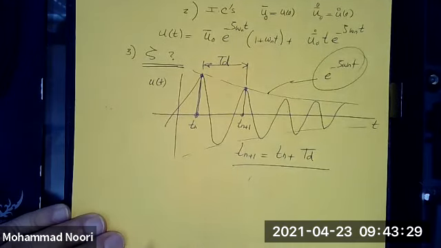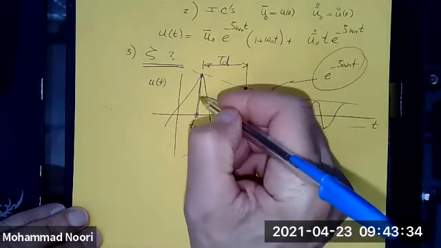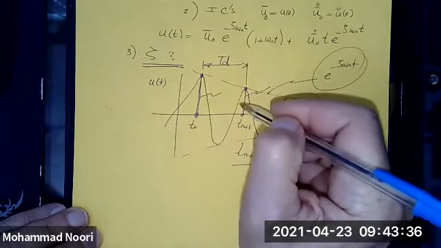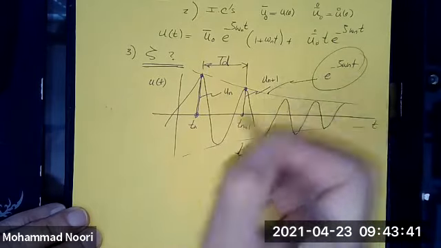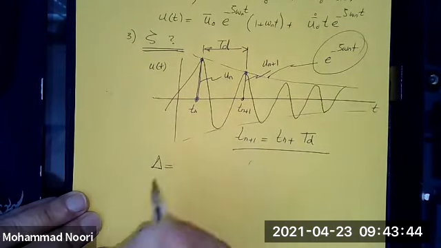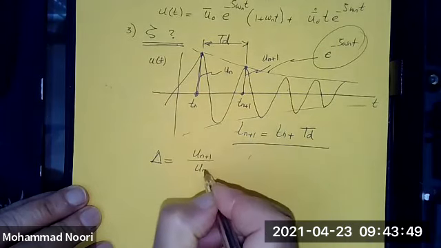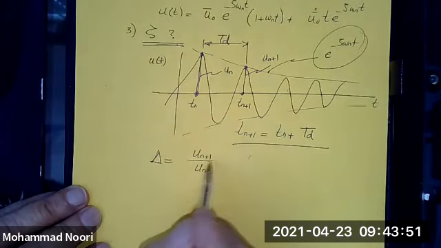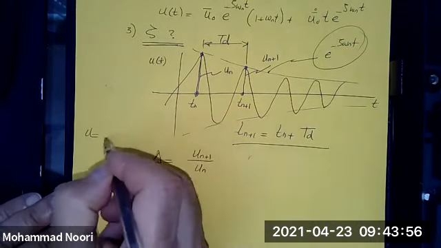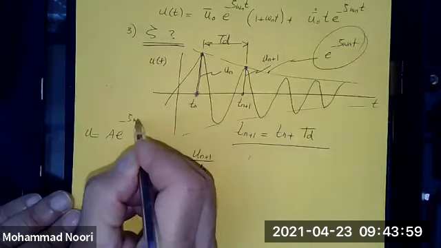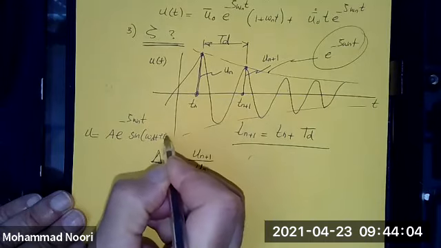Now, let's look at the ratio of these two displacements, at t n and at t n plus 1. I will just write an expression in terms of that ratio. You remember u in general form is like this, right? e to the minus zeta omega n t times sine of omega d t plus theta.